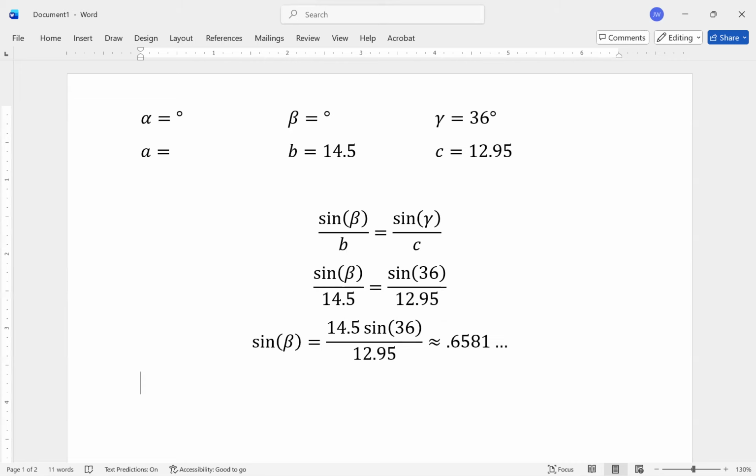Now, just like the previous one, there's going to be two angles between 0 and 180 degrees where the sine of that angle is 0.6581. One of those angles we can find by just taking the sine inverse on our calculator.